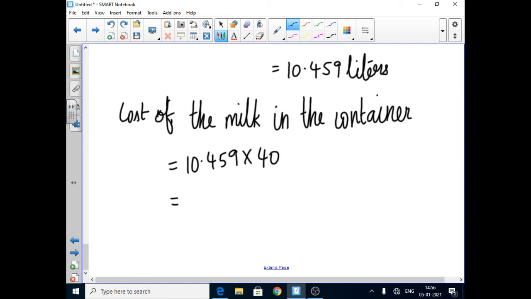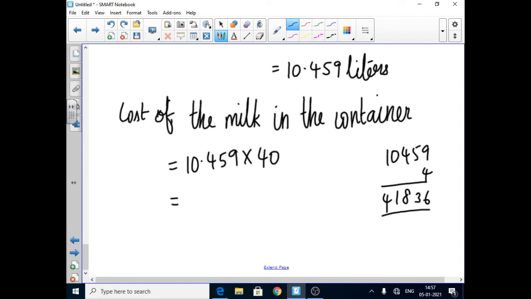If we multiply these two: 10.459 into 4, 9 4s are 36, remaining 3, 20, 23, remaining 2, 4 4s are 16 plus 2, 18, remaining 1, 4.